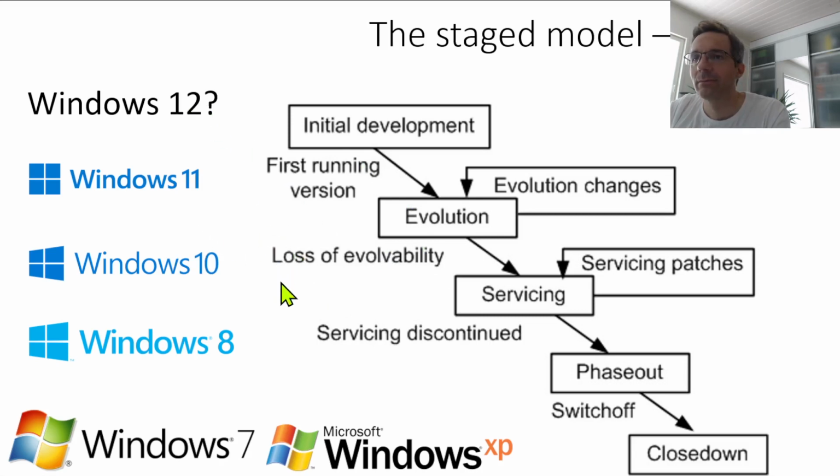Obviously it's the same code base, but they just decide to sidetrack the old versions, partially for business reasons, and maybe partially also for technical reasons. They might abandon some code in Windows 10, for example, and then re-implement it in Windows 11 with a better approach. But most of the code base obviously stays the same. I mean, Microsoft Windows has several million lines of code, so there's no way they could rewrite everything between the versions.